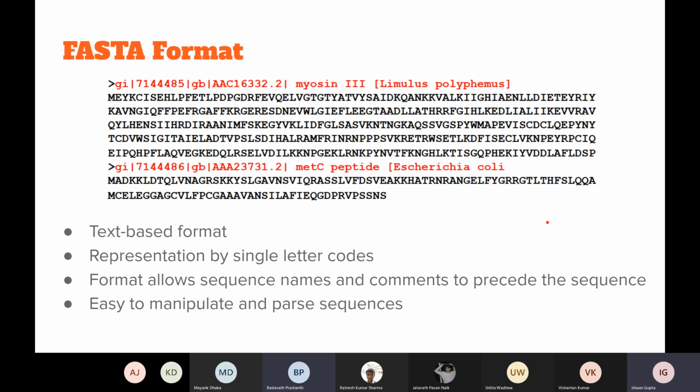A lot of these gene records would also have associated amino acid sequences or gene sequences, and they will typically be shown in the form of a FASTA file. It's a text-based format, and as I've already told you, the first line starts with the greater than sign and gives you information about the identifier or ID for the sequence. Below that you have the sequence itself, which is typically stored in 80 characters per line.